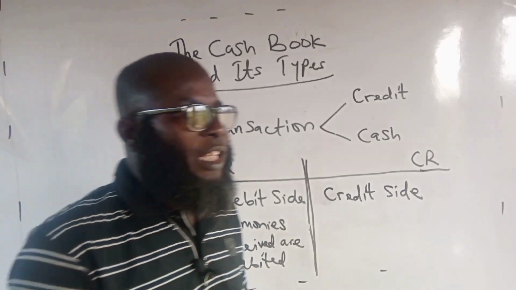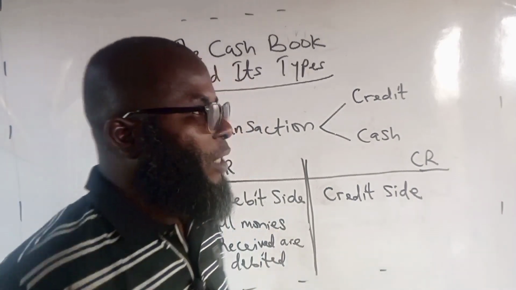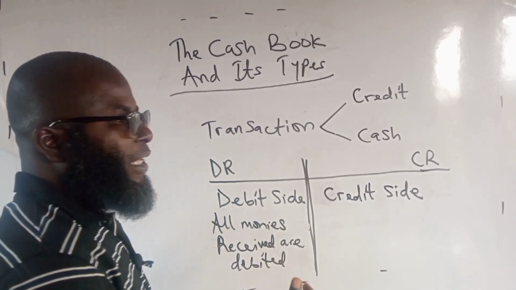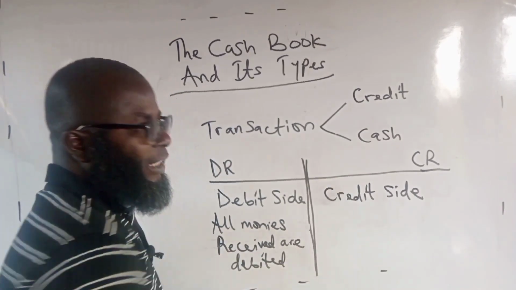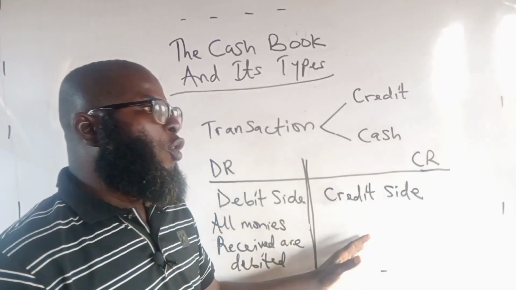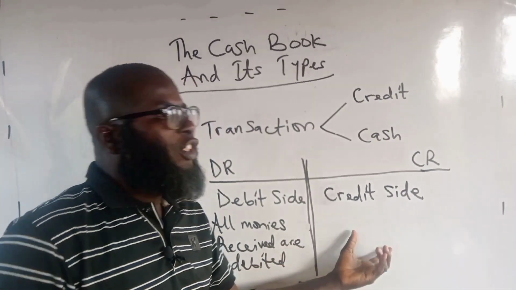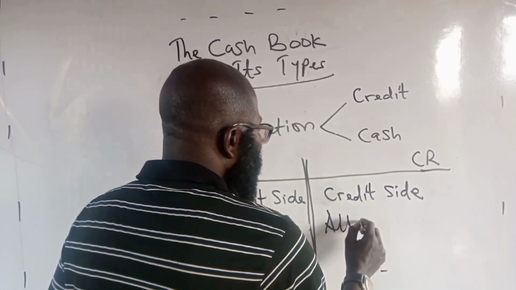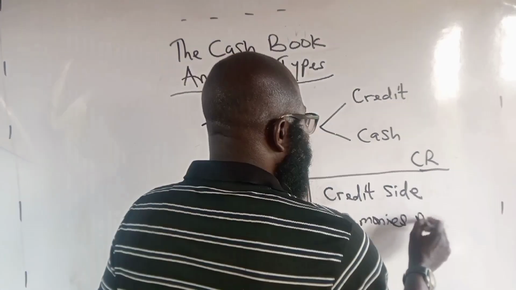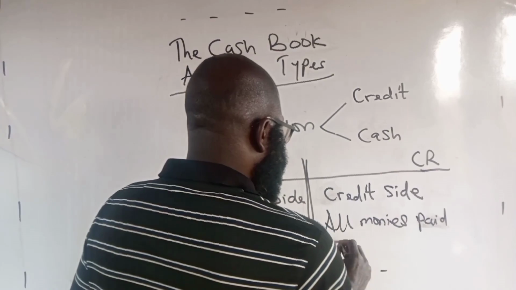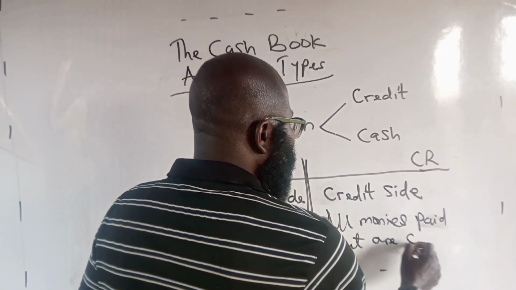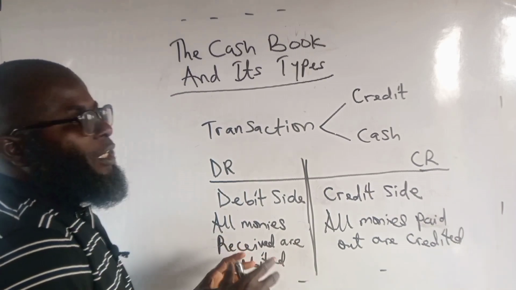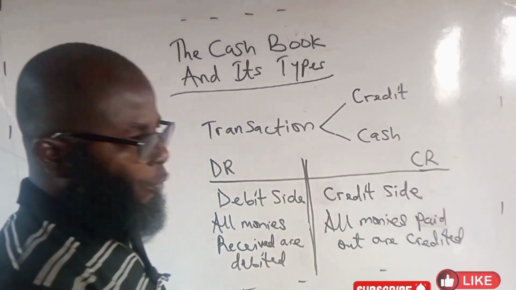This increases the money you have in your business. But in the case whereby you pay any money out, such money is to be credited. That is, you record such a transaction on the credit side of your cash book. That is, all monies paid out are credited.